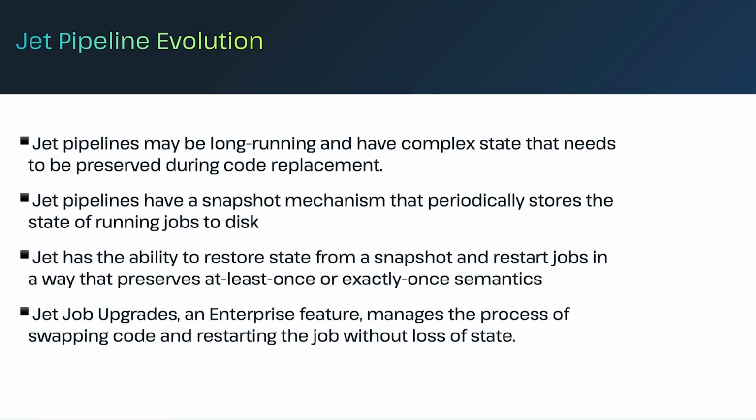It involves saving state, replacing code, restoring state, potentially rewinding and replaying data sources, and resuming processing without data loss. All of this is managed for you by the job upgrade feature, which is another enterprise platform feature of Hazelcast.